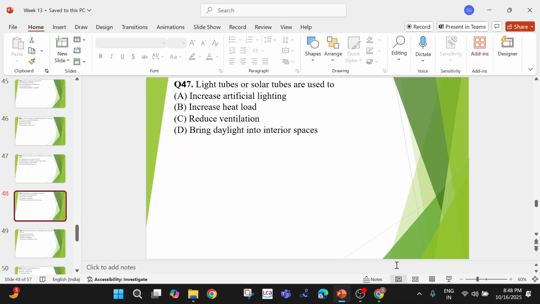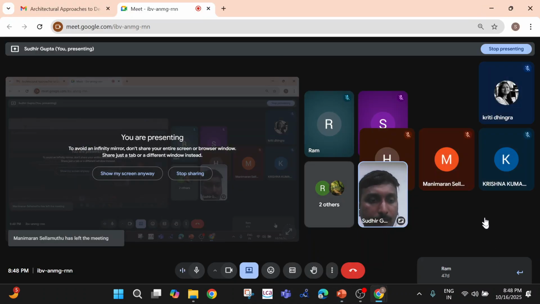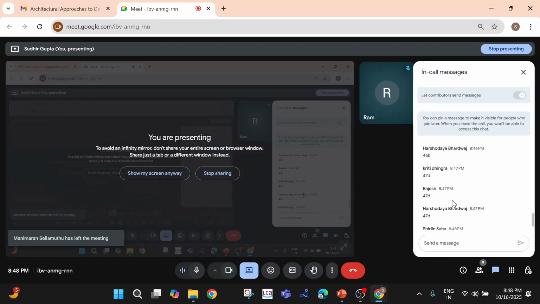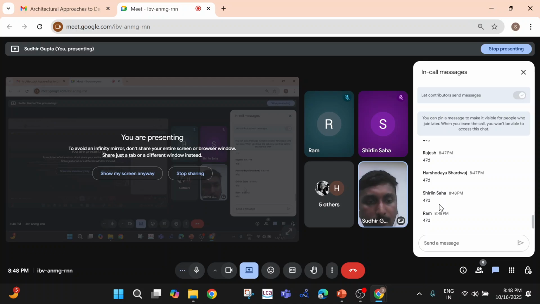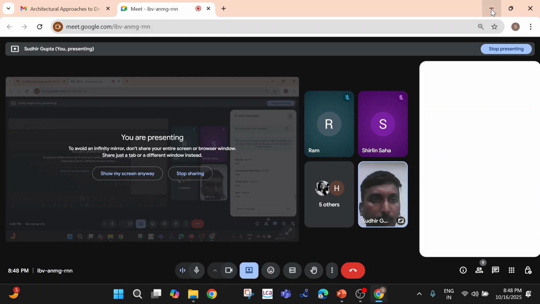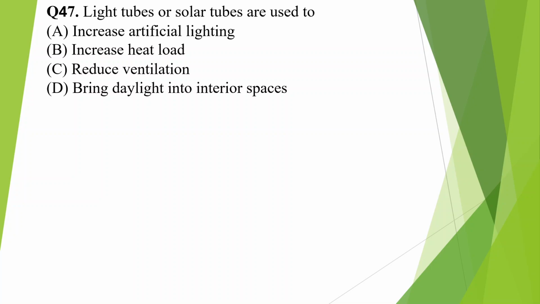So for this particular question number 47, as all of you can see in the chat box, most of your friends have answered to this question. Kirti, Rajesh, Harsoday, Celine, Ram, a lot of answers have been given here, and all of them are supporting option D. That is the correct answer, guys. Option D is the correct answer for this question number 47.